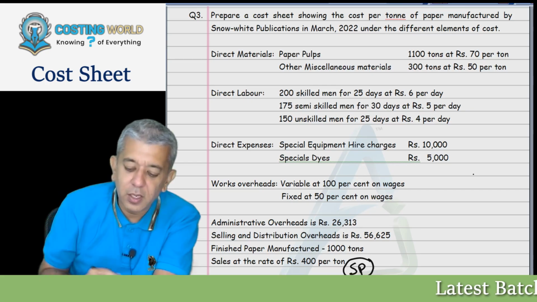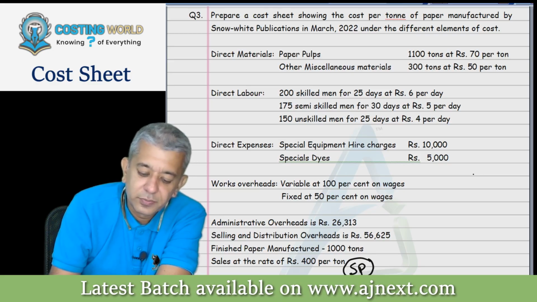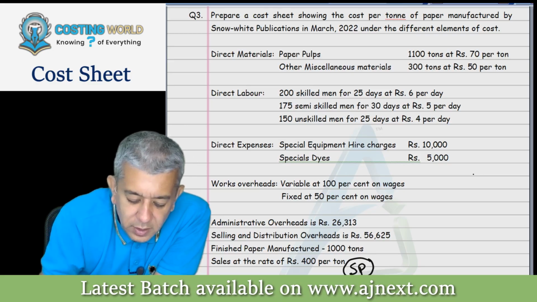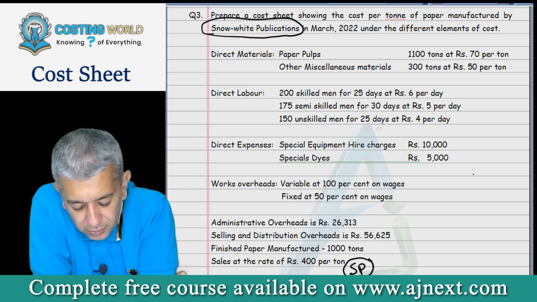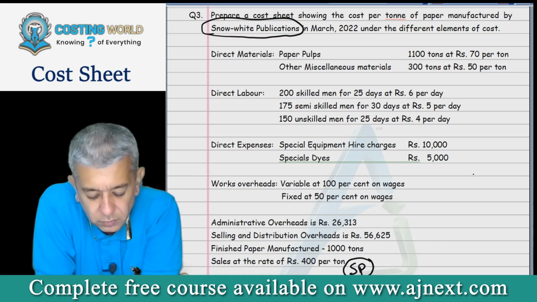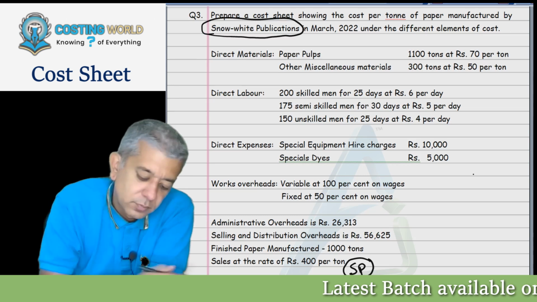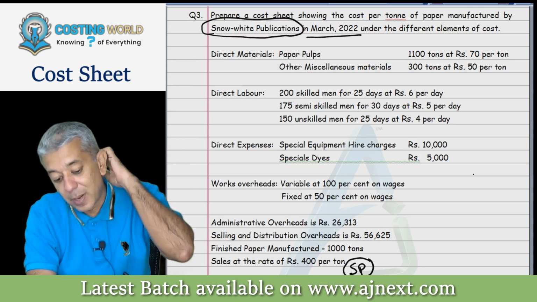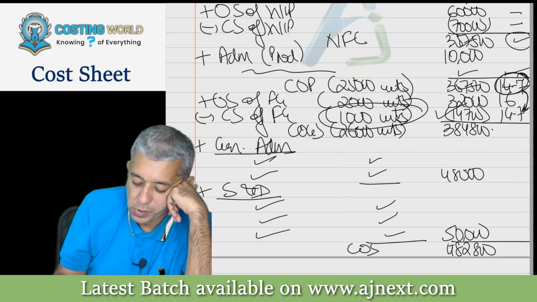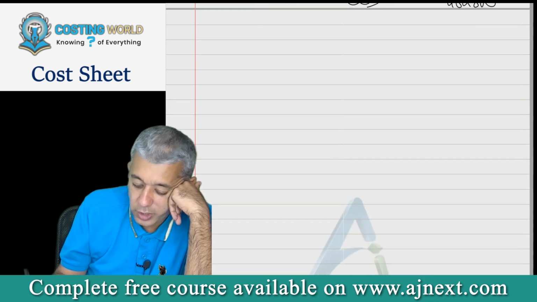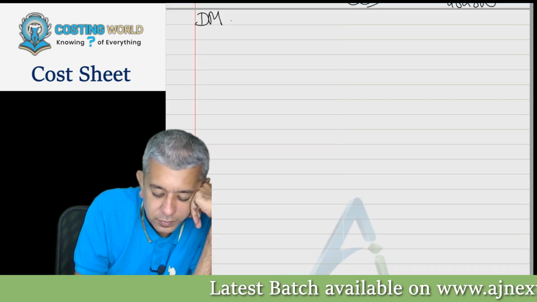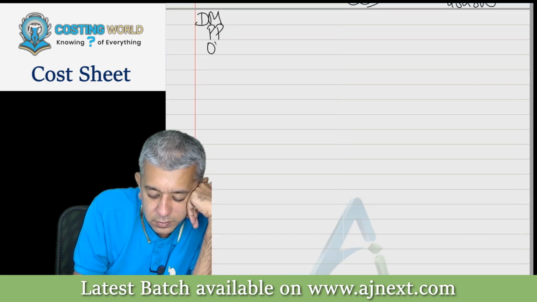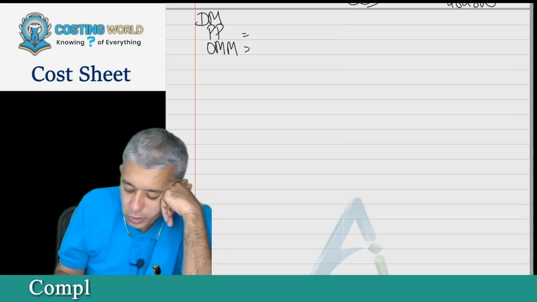Okay, you all give the title. The name of the company, Snow White Publications. Write down cost sheet for the month of March 2022.